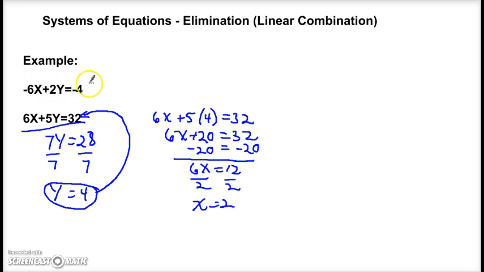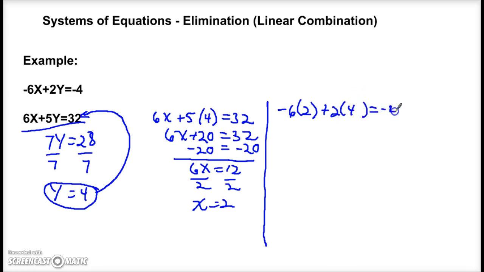And if I go back and plug this in to check for each of these equations, for the top one, I would have negative 6 times 2 plus 2 times 4 equals negative 4, which would be negative 12 plus 8 is negative 4. That one works.